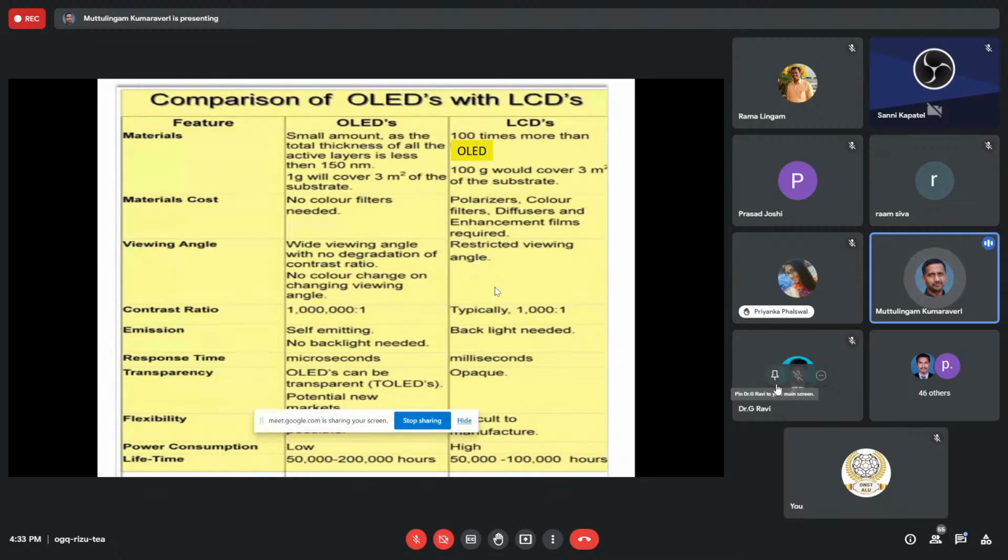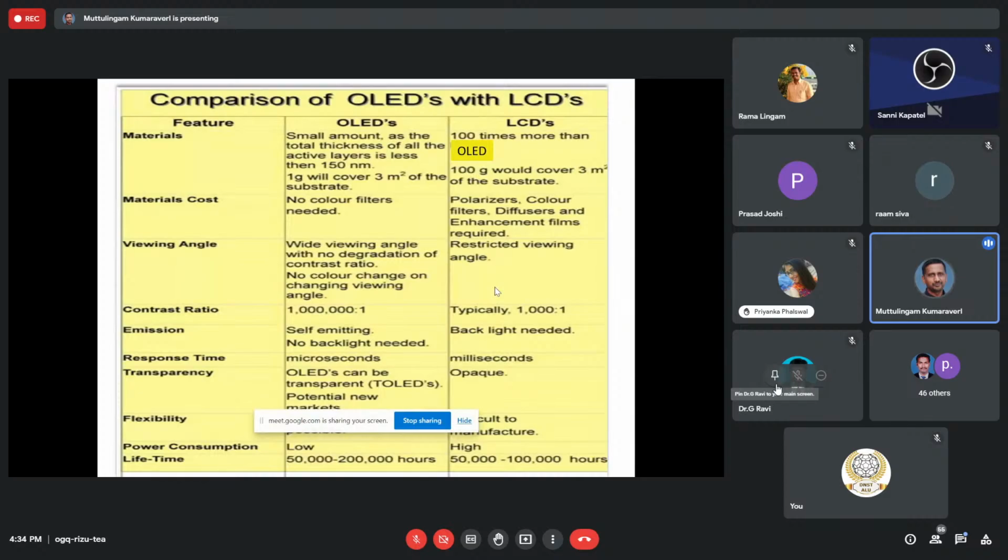And emission is self-emitting. A self-emitting material is used for making OLEDs. But for LCD, we need the backlight and also the liquid crystals. Transparency: we can make transparent OLEDs easily, but with LCD it is not possible because we are using liquid crystals.